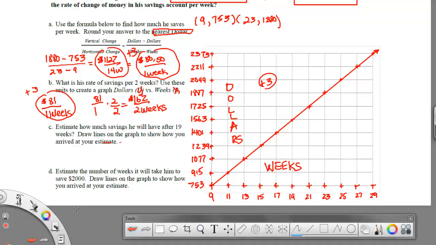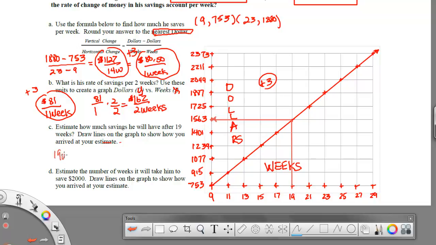So please draw your lines so it's not hard for me to figure it out. So we start here. We go 19 weeks, you go up till it hits the line, and then from where it hits the line, you go over to the y-axis, or your independent variable, and where it hits, that's how much money he's going to have in 19 weeks.